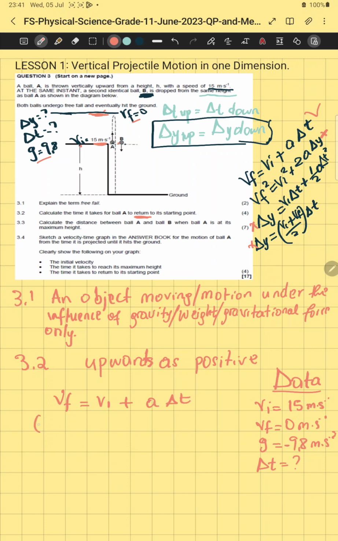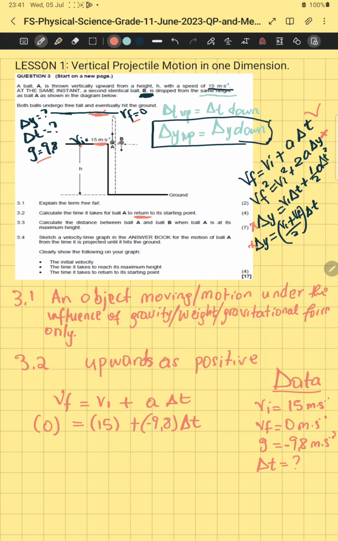The final velocity must be 0, and the initial velocity is 15, plus my 9.8, and don't forget to put that minus there. Remember, we're looking for the time going up, which is t up. So we're going to transpose this one.